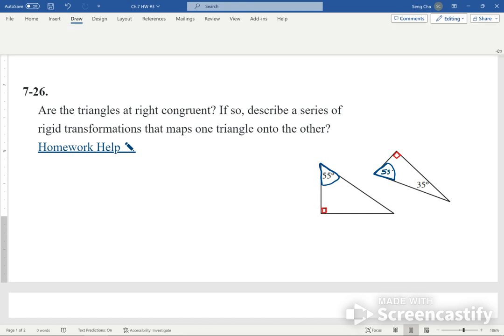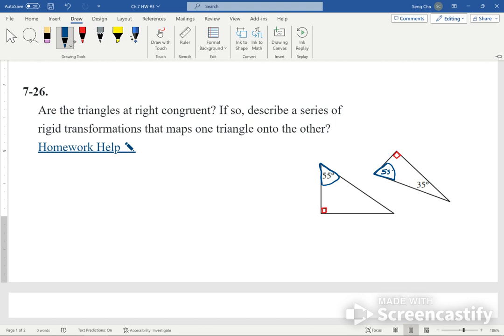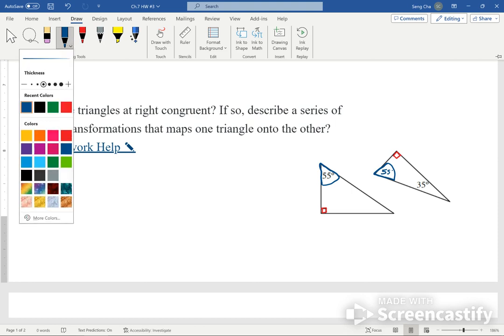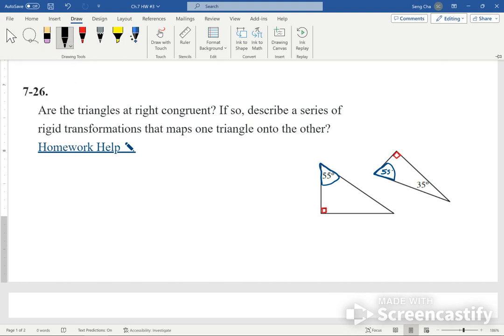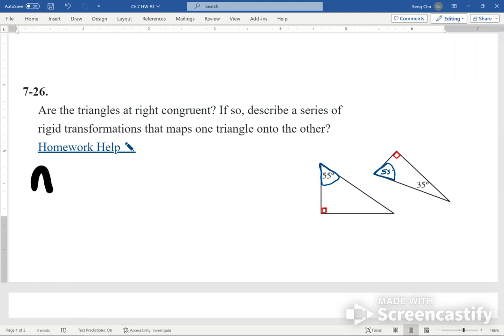Okay, and then let's match. Actually, that's all we need, right? We need to have two angles. And remember, from our list of congruencies, we have angle side angle, which we have two angles. We need the side in between, this side in between right here, or this side, but we don't know anything about those, so we can't do that one.